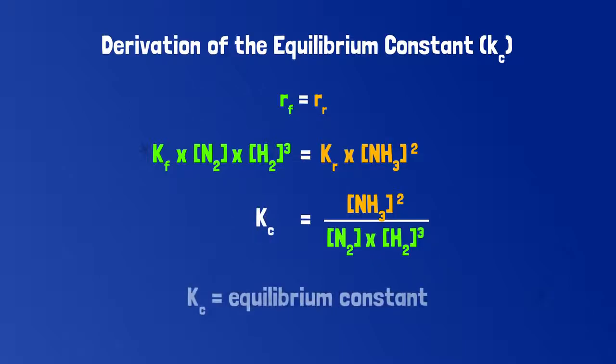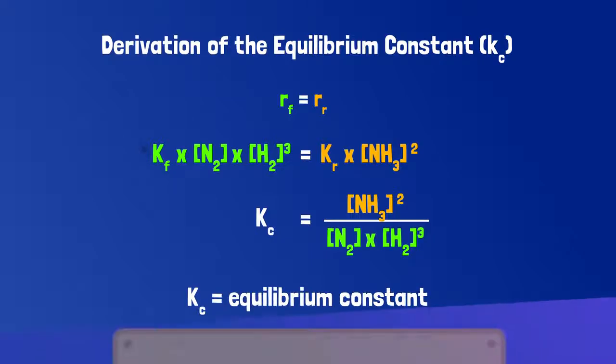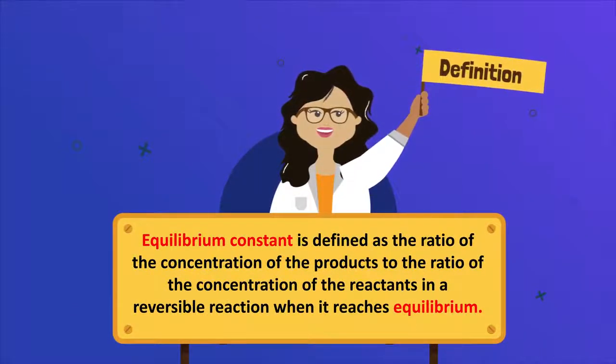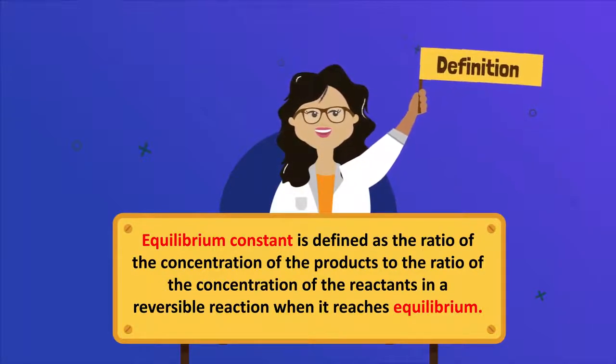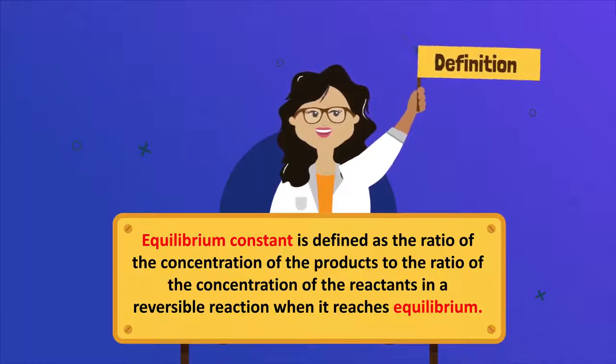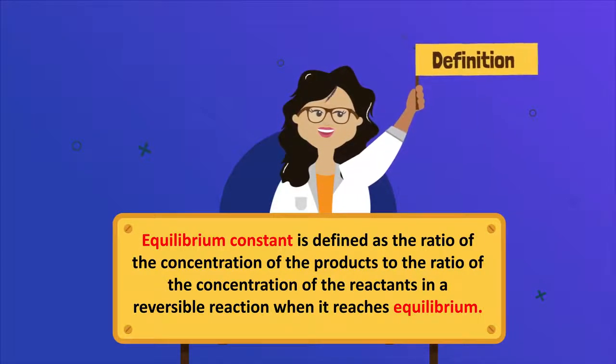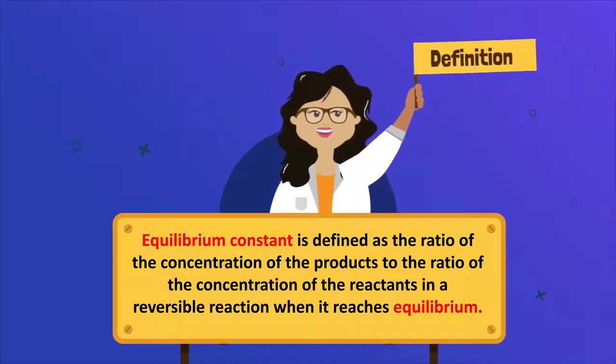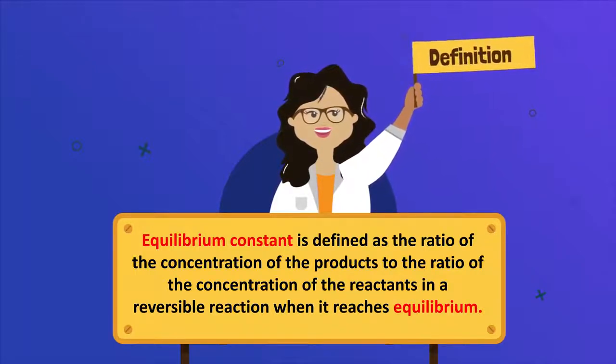We will call this new number the equilibrium constant, Kc. Equilibrium constant is defined as the ratio of the concentration of the products to the concentration of the reactants in a reversible reaction when it reaches equilibrium.